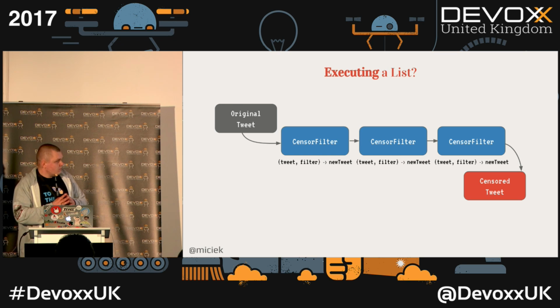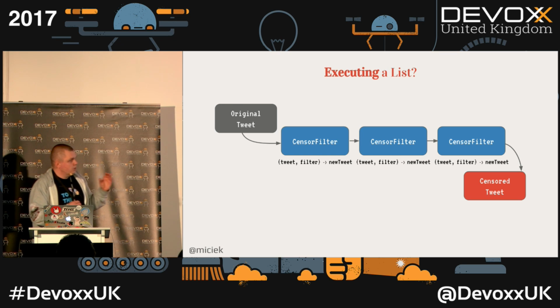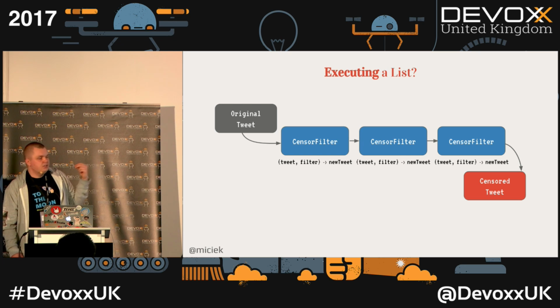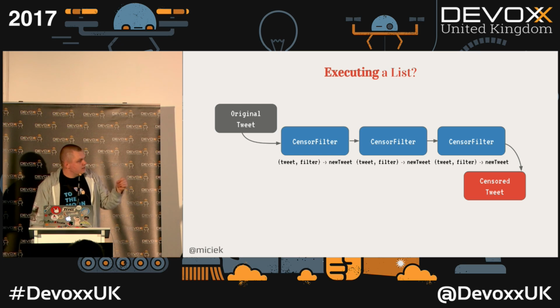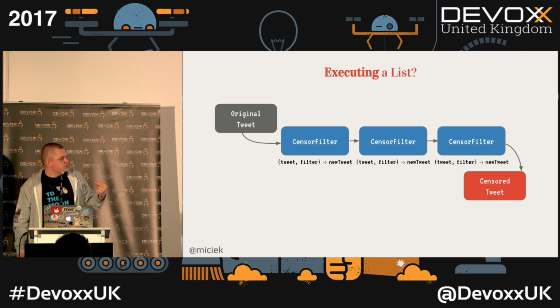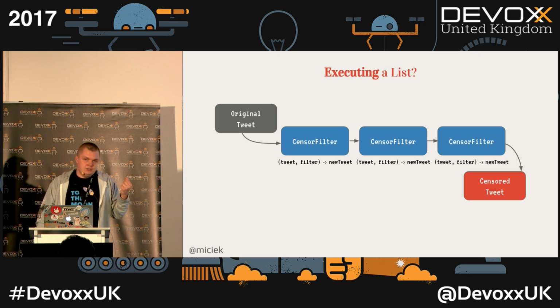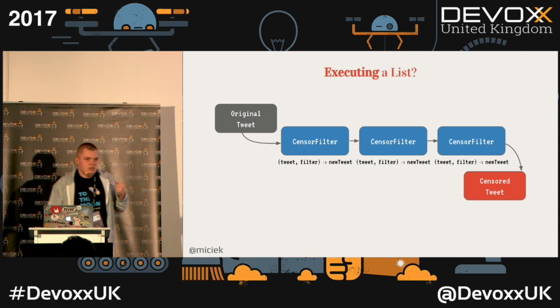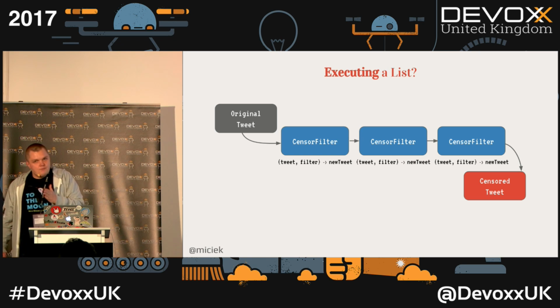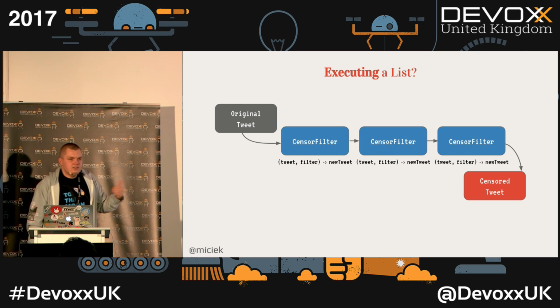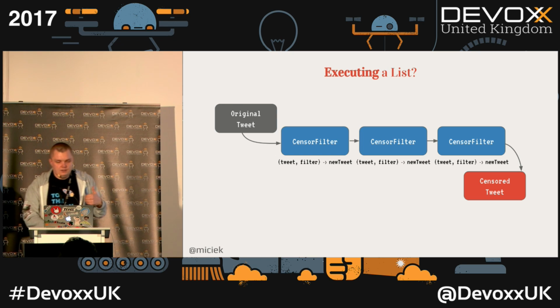What we can do with that is get an original tweet and run through the whole list of censor filters. Going through each item, we call a function with the current version of the tweet and the filter that we are executing right now, and we get a new tweet in return. We do that for every element in the list, and we get a censored tweet as a final value.